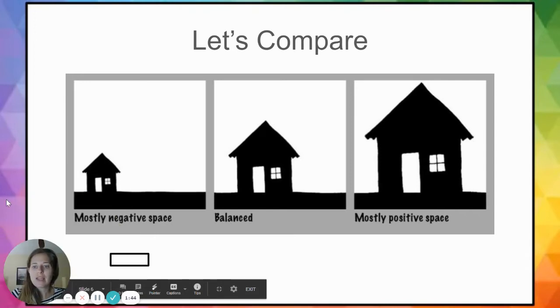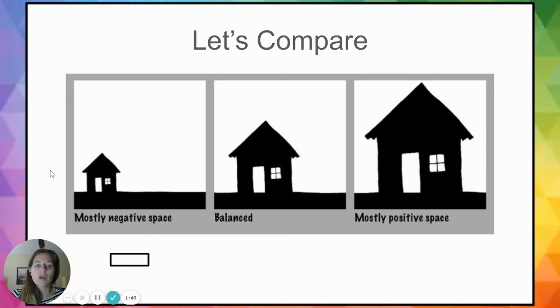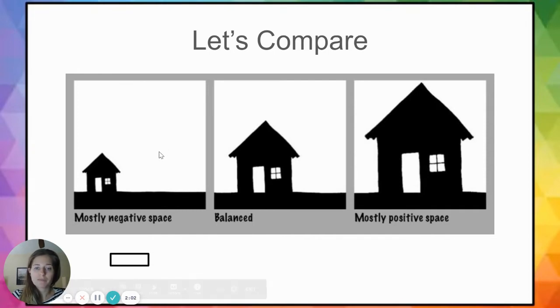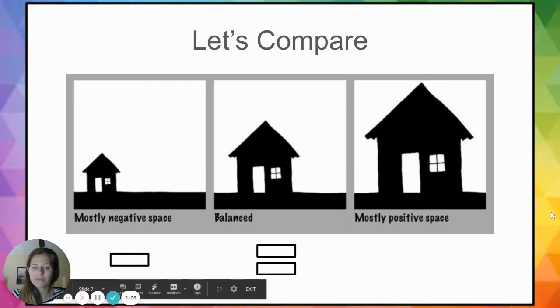So let's compare. Here we have three images of a house. This house is very small and the grass is very small and has a big white background. That picture is mostly negative space, mostly a white background. The next picture is more balanced, it's equal.